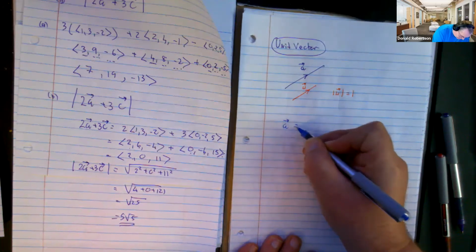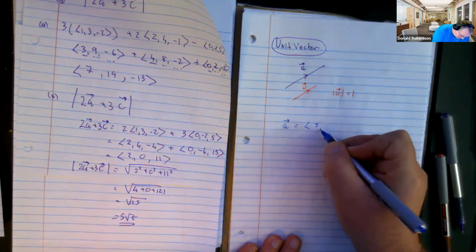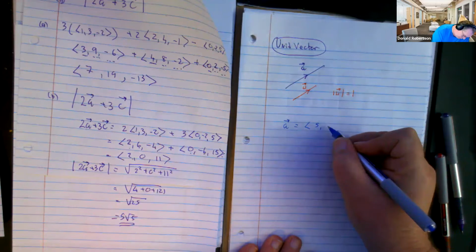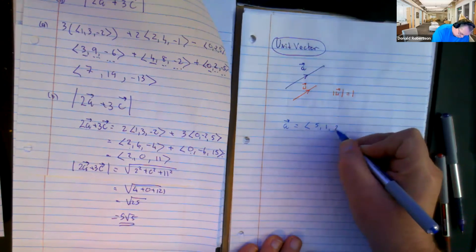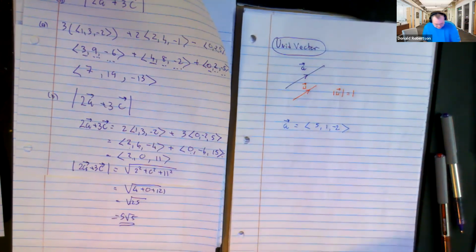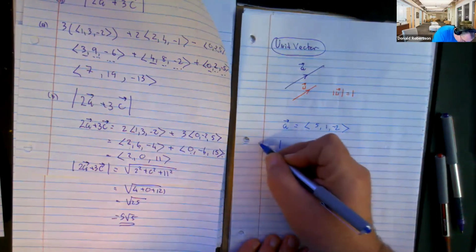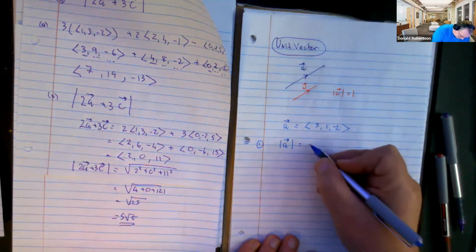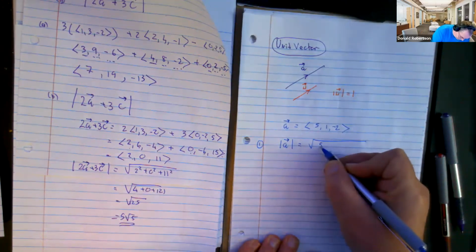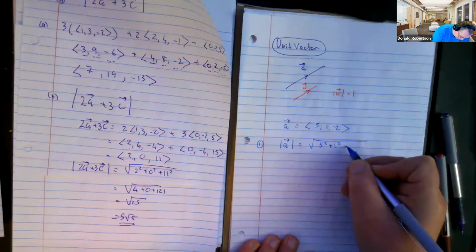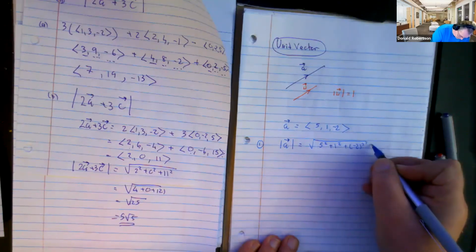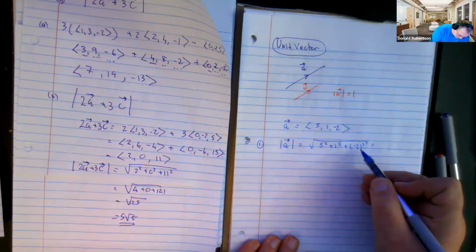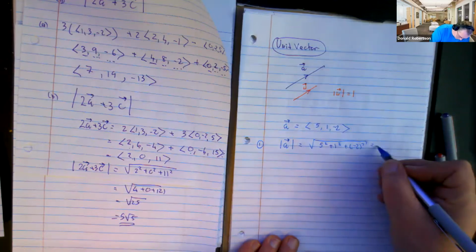And this is how you would do it. Suppose you had 5, 1, negative 2, right? I would like to calculate the unit vector for this vector. First thing you do is you must find the magnitude of vector A. So it's going to be 5 squared, 1 squared, negative 2 squared, 25, 26, 30, square root of 30.